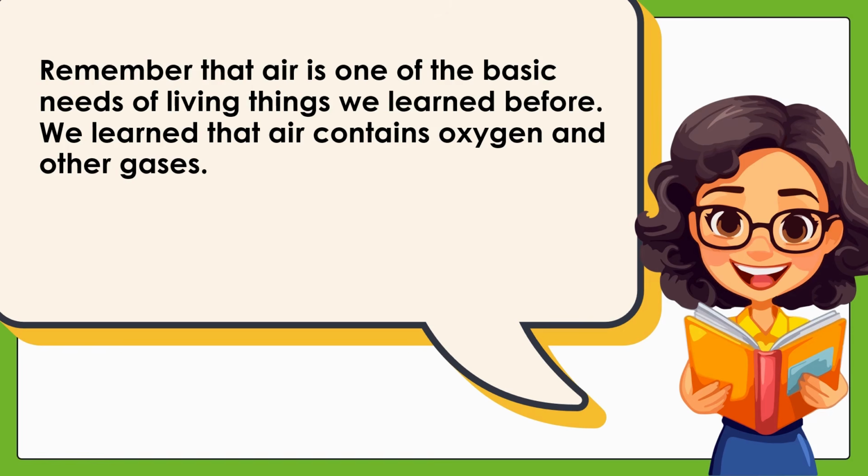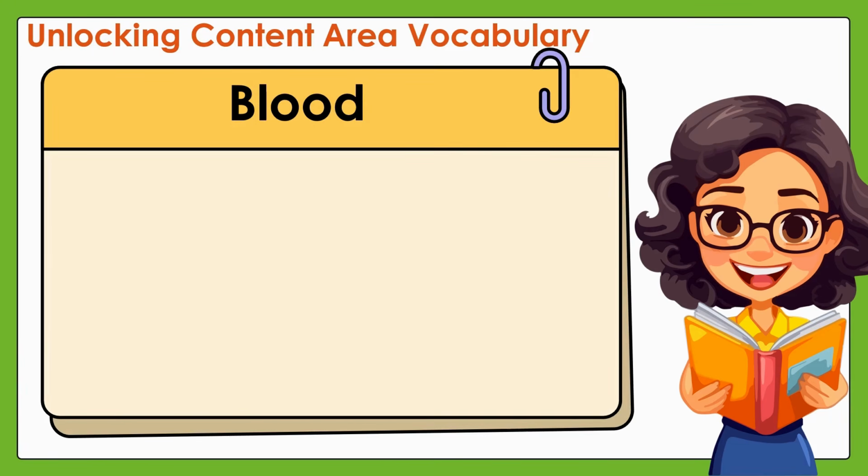Remember that air is one of the basic needs of living things we learned before. We learned that air contains oxygen and other gases. Unlocking content area vocabulary. First, we have blood.